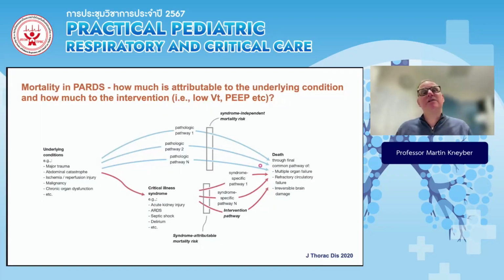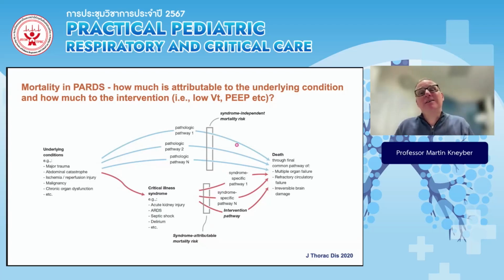And there are some factors that we need to consider, because, for example, if we talk about mortality in pediatric ARDS, we really need to dissect, okay, how much of the mortality is due to what we do in the ICU, low tidal volume, giving PEEP. So what is the syndrome attributable mortality risk?